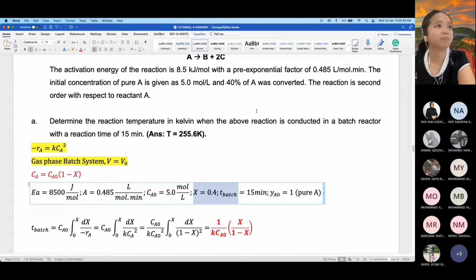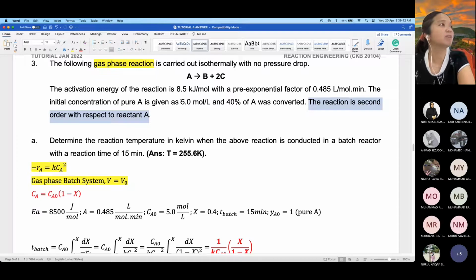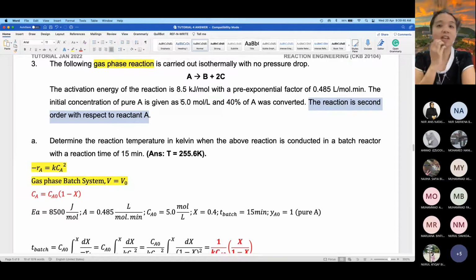And then the reaction is second order with respect to reactant A. So the third sentence gives us the rate law. Last Monday, when we encountered both questions, it was an elementary rate law. In question number 3, the question that we're doing today, it's not elementary.